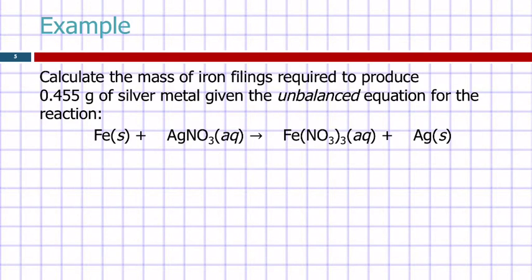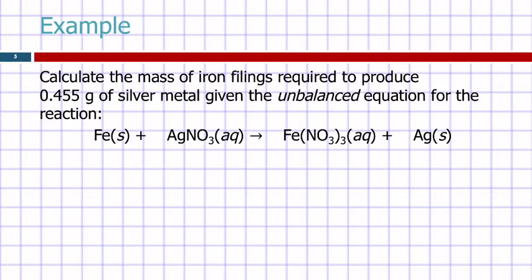So let's do an example. Calculate the mass of iron filings required to produce 0.455 grams of silver metal given the unbalanced equation for the reaction. So we're going to get a little practice in balancing equations here. You have to use a balanced chemical equation to do these calculations.